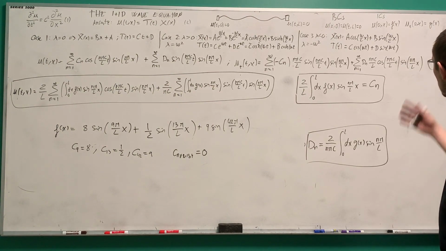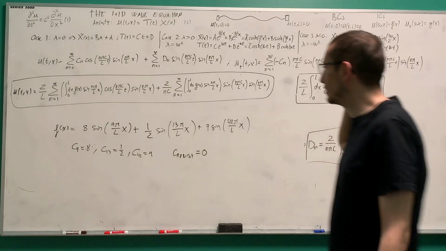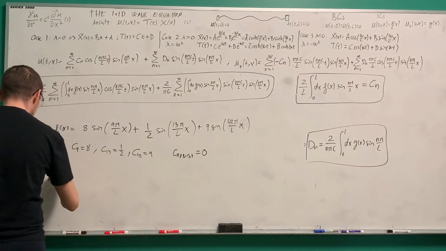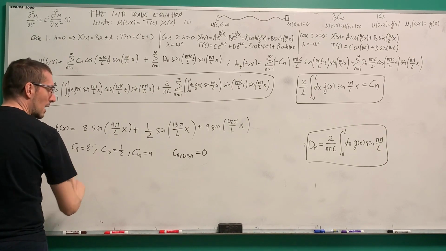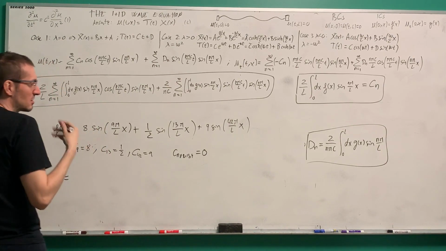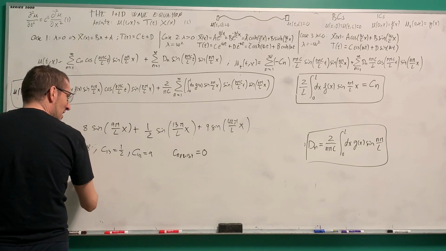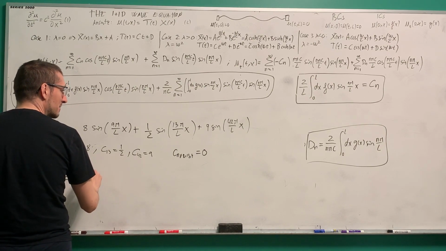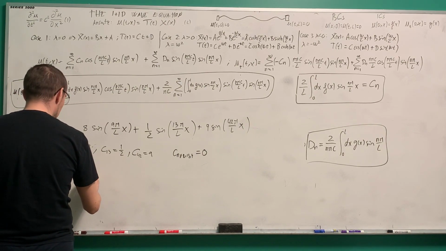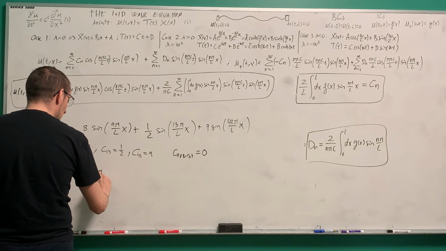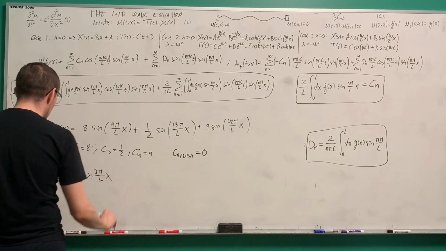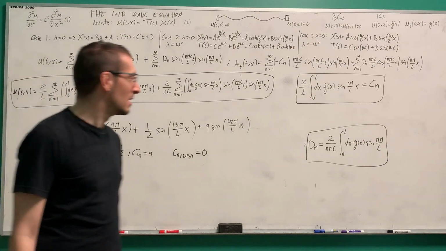I could have given you something for the g of x as well. So imagine that g of x is slightly more complicated. Let's say we have 3 sine of 3 pi divided by L x. So imagine that were the g of x.